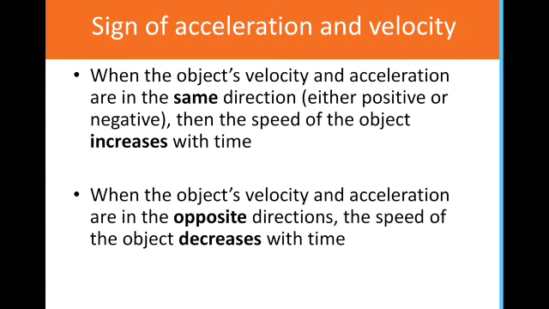So when the object's velocity and acceleration are in the same direction, whether it's positive or negative, then the speed of the object increases with time. So let's break that down a little bit. What are we talking about? We're talking about speed. So the speed is the magnitude of the velocity.